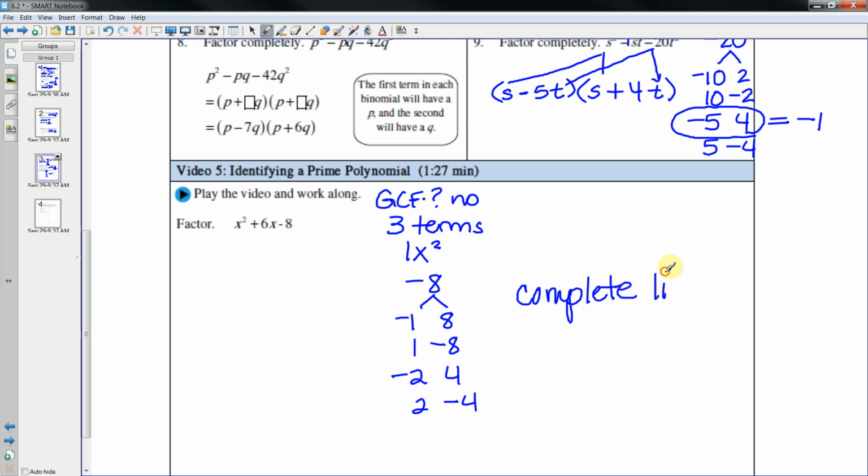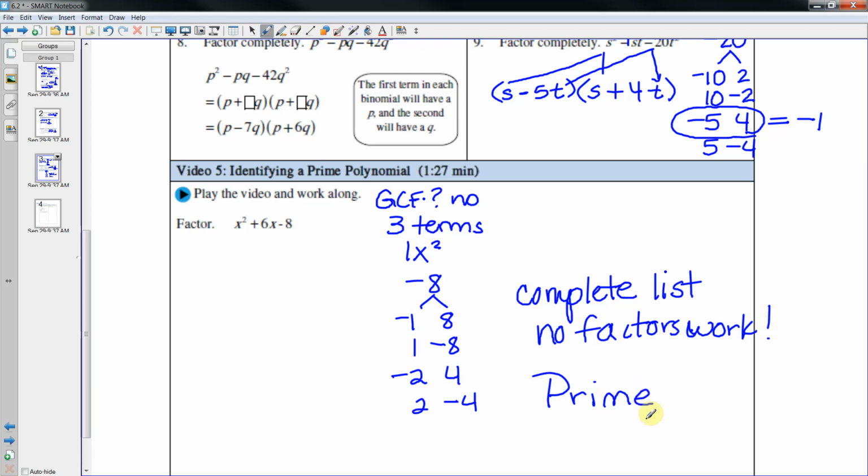Make a complete list. I only say prime if you make a complete list and you can't find any other factors.